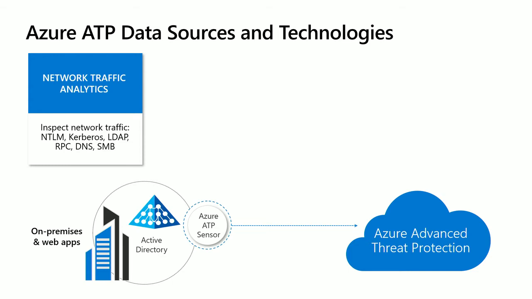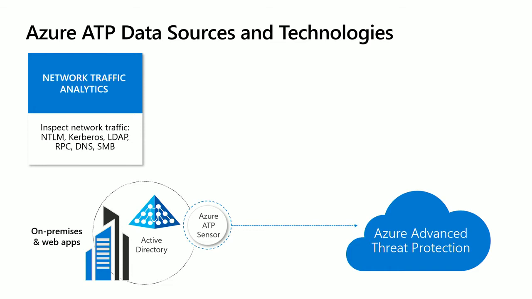And the reason you put trust in Azure ATP to identify those identity-based threats is the Azure ATP technologies. Azure ATP is not based on looking at logs and correlating them, but it looks at the following technologies. First, Azure ATP runs network traffic analytics. It is a micro network traffic analytics solution.